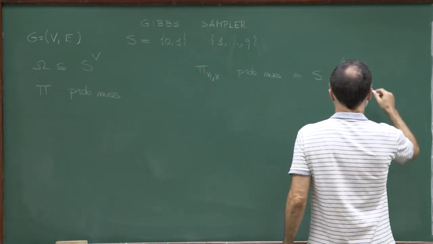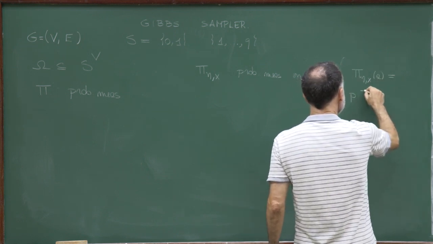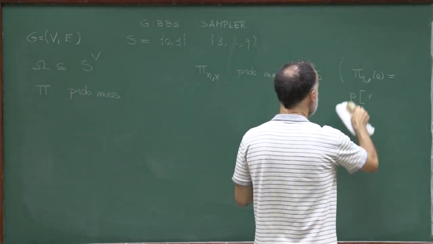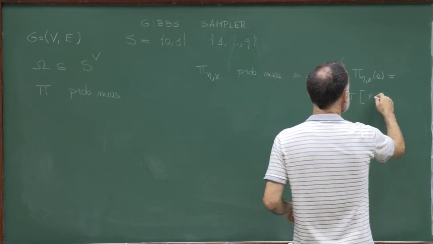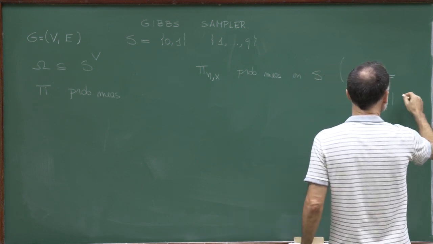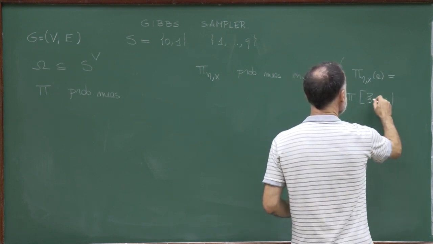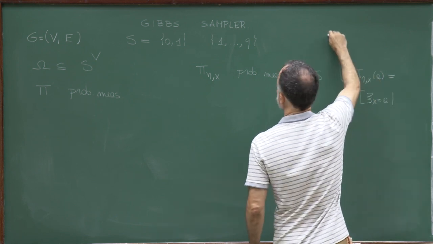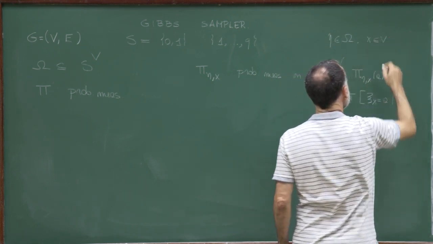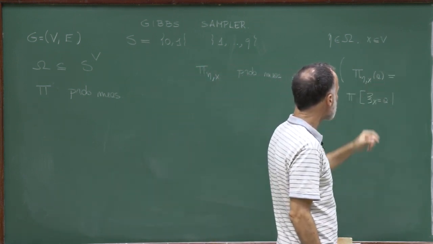So pi eta x of A will be the probability that, under the measure pi, psi at x is equal to A. So here I'm fixing eta, an element of my set omega, and x, an element of V, and I'm defining a measure on S. And what is the measure of the point A?